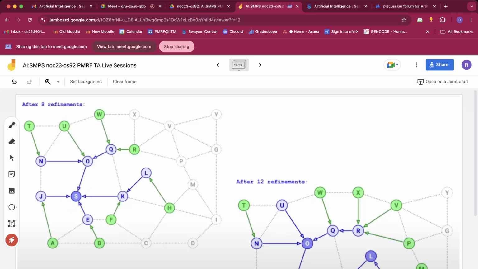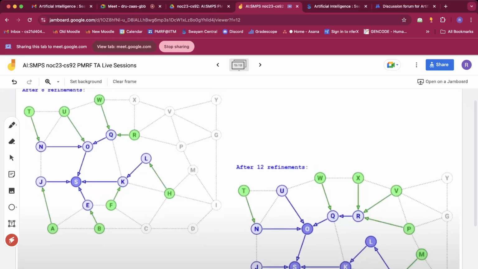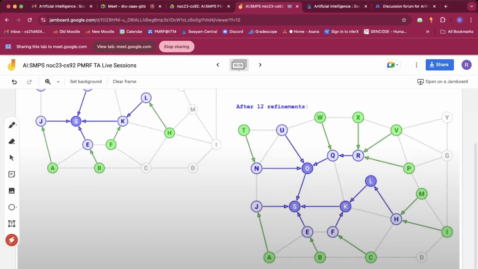That is a given fact to us. So at this moment also, our boundary would consist of N, O, Q, J, E, K, and L, and all the green nodes would be part of the open list, and our kernel would be empty. Whereas after 12 refinements, now we have these dark colored nodes which are part of the kernel, right?